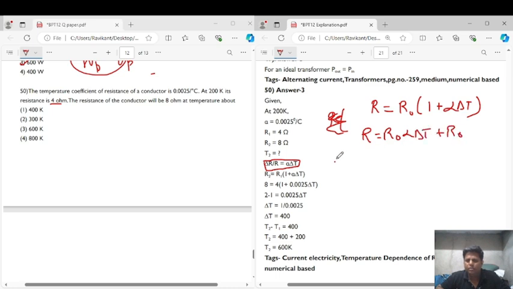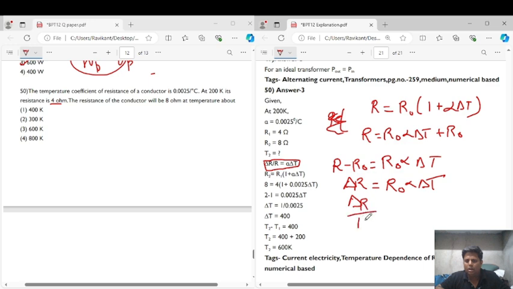So R minus R naught is equal to R naught into alpha delta T. Here we can say that change in resistance is equal to initial resistance R naught into alpha delta T. So delta R upon R naught is equal to alpha delta T.